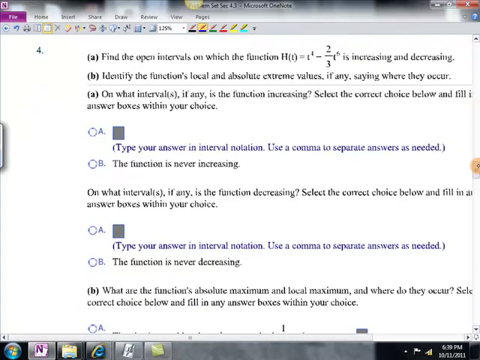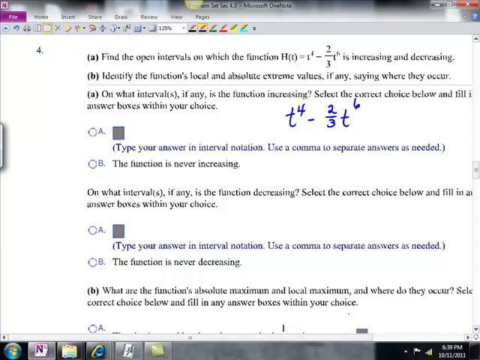Okay. How about number 4? You try that, because we've done a couple of them now. Let's try it and see what you get. Here's the original. I'll write it bigger here. t to the 4th minus 2/3 t to the 6th. And it wants to know where it's increasing, where it's decreasing, what the max and mins are, and where they occur.